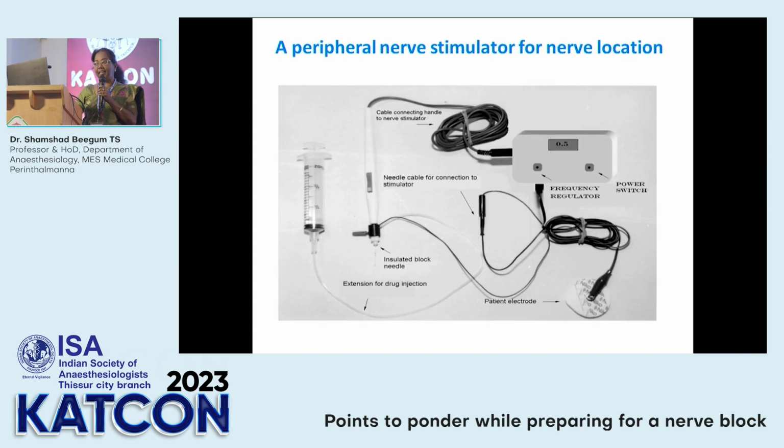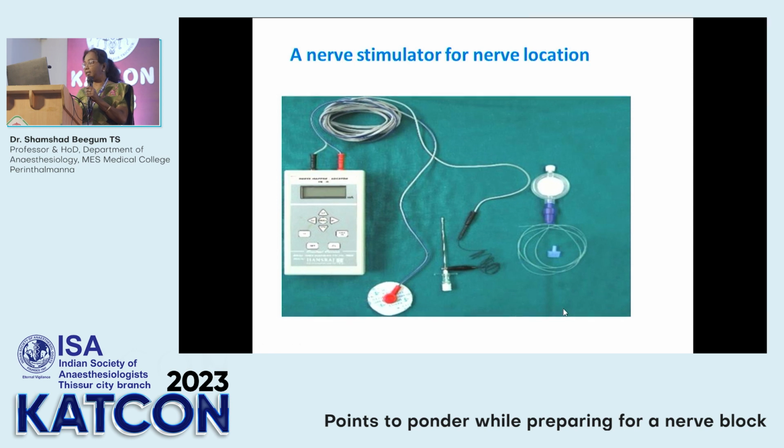This is the peripheral nerve stimulator for nerve location. All of you might have seen it. This is the older version. Nowadays we have more advanced versions, and there should be a needle. This is the needle; in this picture we can't see the needle. That is the insulated block needle, and it is connected to the pulse generator, that is, to the current.